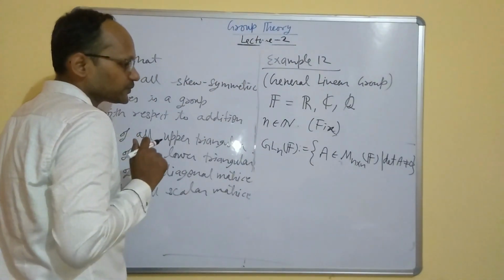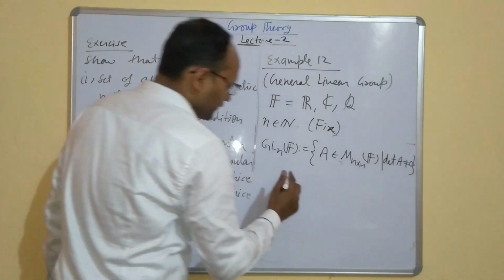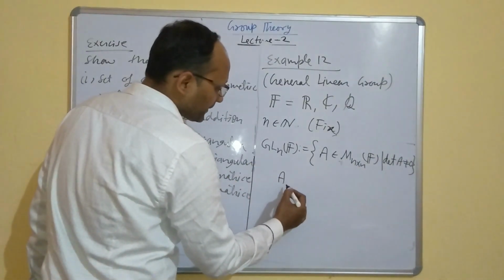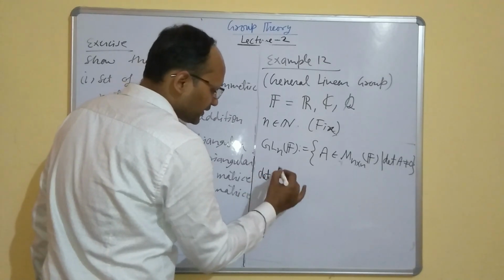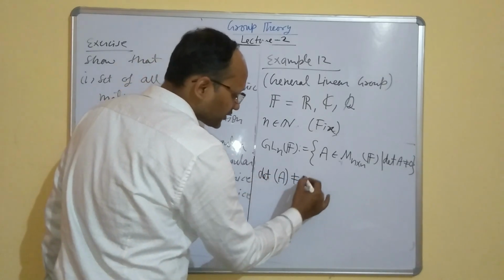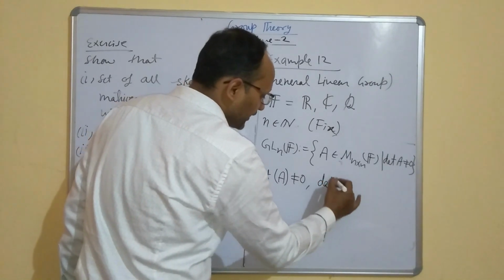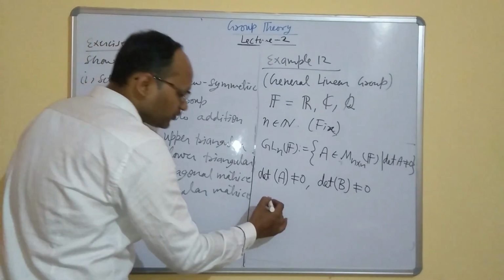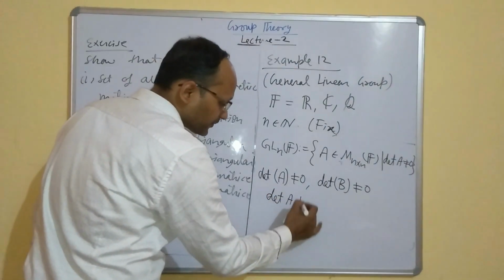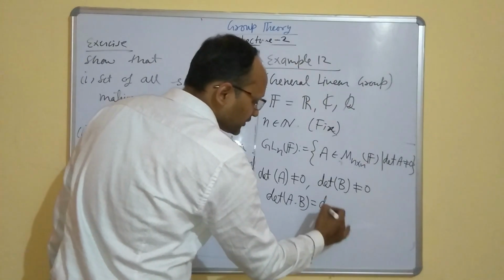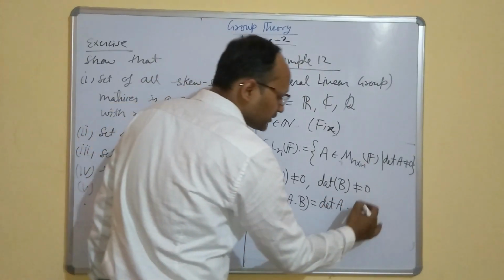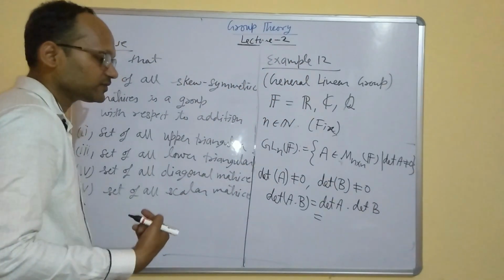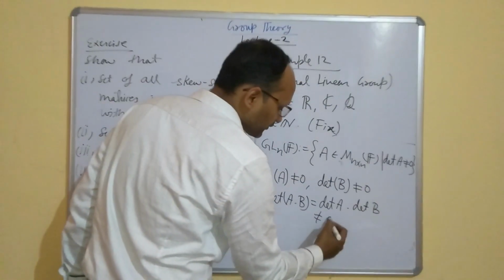Now one thing is that if I take a matrix A such that determinant is not equal to 0, and I take another matrix B such that determinant of B is not equal to 0, then you know that determinant of AB is equal to determinant of A into determinant of B. And if this is non-zero and this is non-zero, then their product will not be 0.